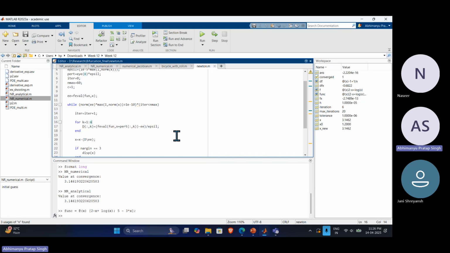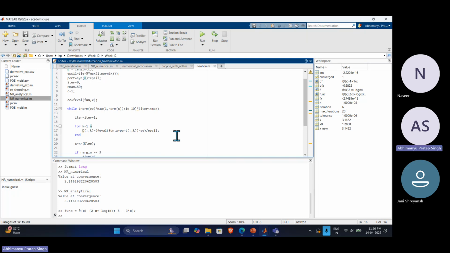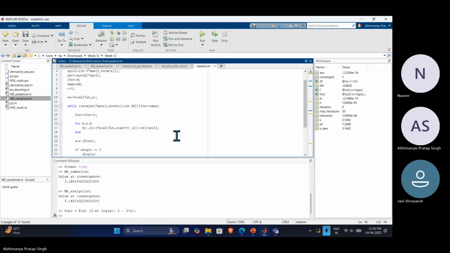Function f equals x plus perturbation. Yeah. So first we evaluate this part. So how do we do that?